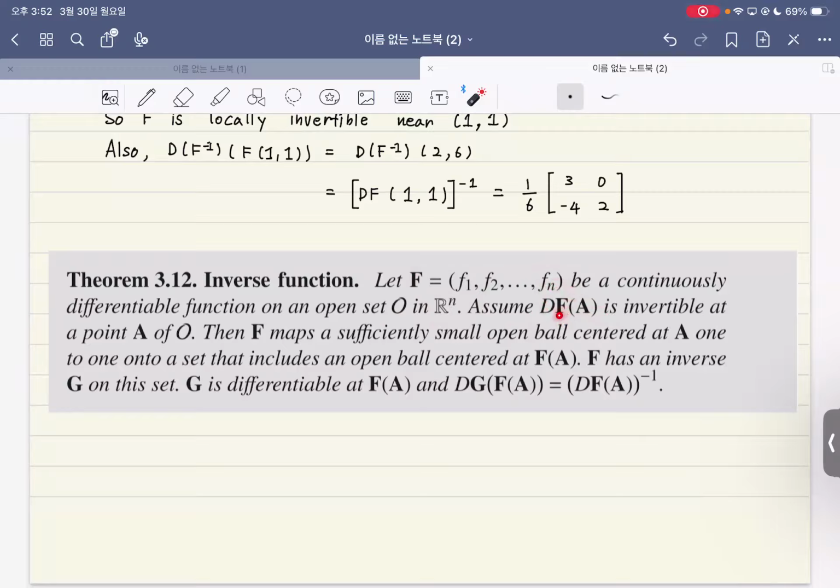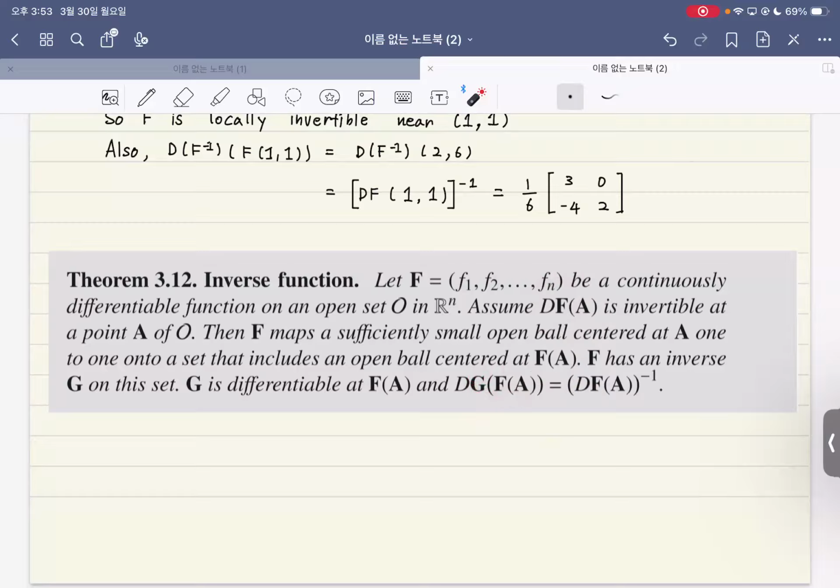And if this square matrix is invertible, then f must be locally invertible, and the matrix derivative of this local inverse at this point turns out to be the inverse matrix of this guy. So that means if you know how to find the inverse of this n by n matrix, then that is going to be your matrix derivative of this local inverse function at this point.